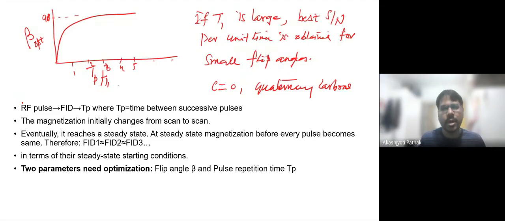Another thing is that your beta optimum varies with TP by T1 following this curve. If your T1 is large, then the best signal to noise ratio per unit time is obtained for small flip angles.